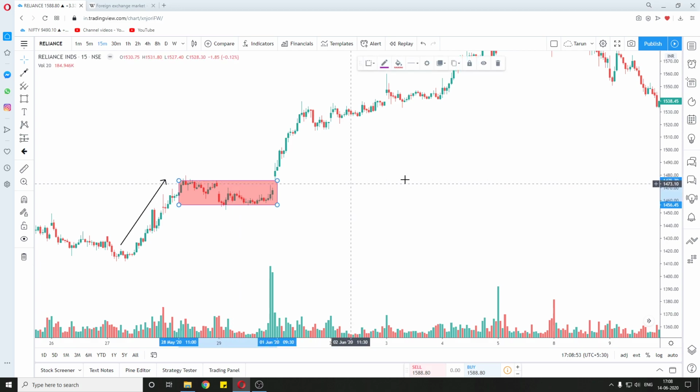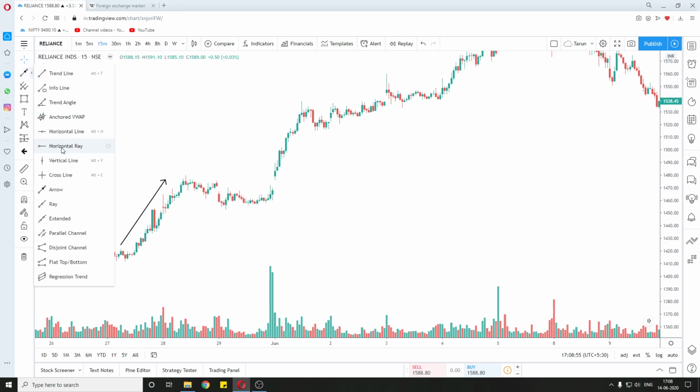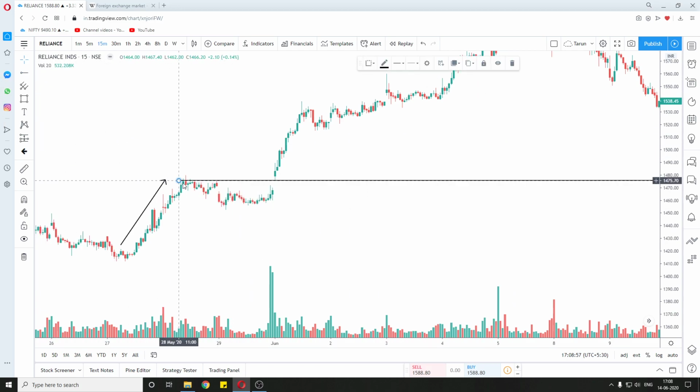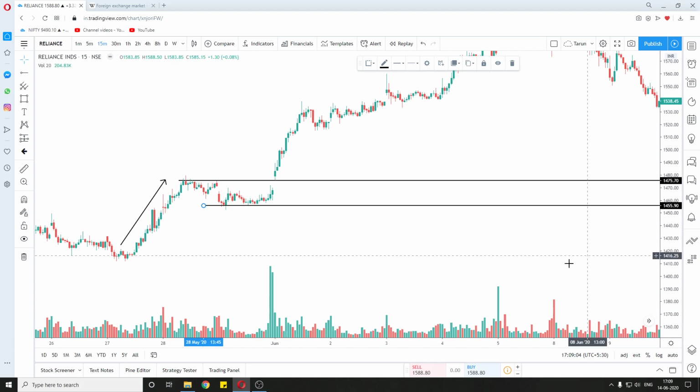Now we can see that the resistance of this period is this range, that the resistance is 1475 and the support is 1455 rupees. Now we get a breakout.